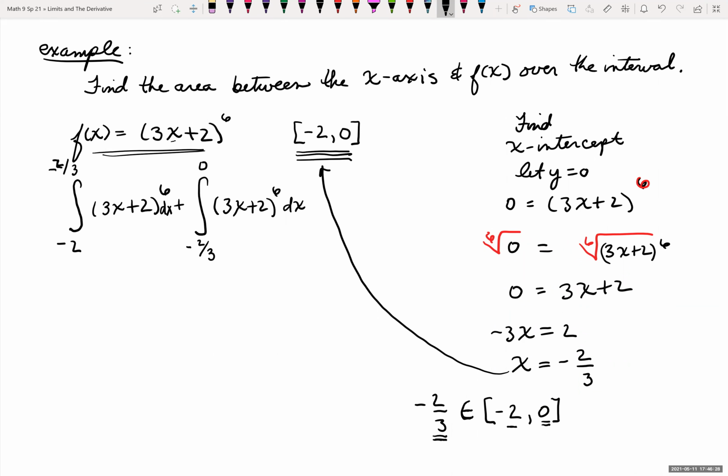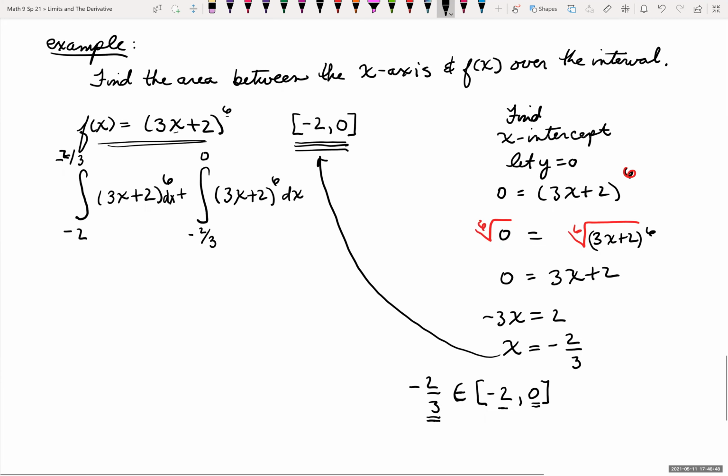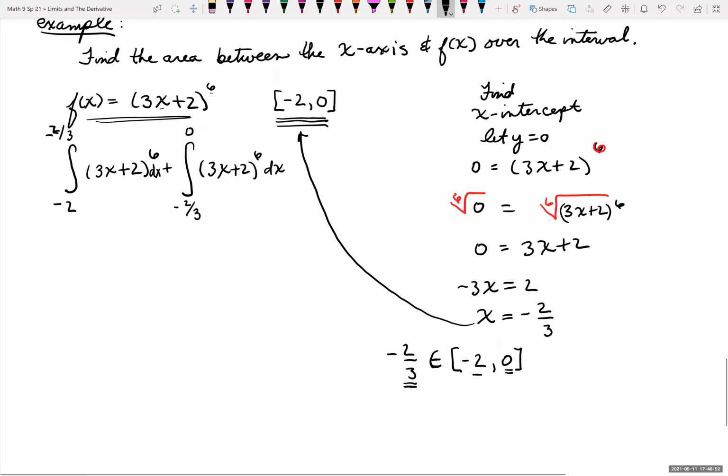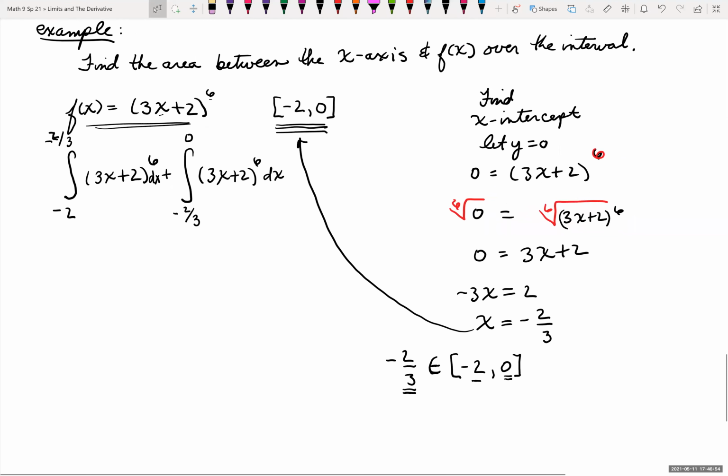If I plug any number in here, raised to the 6th is positive. So this actually touches the x-axis and turns around, and we wouldn't know that. You would know that if you took a college algebra class from us because of the multiplicity.